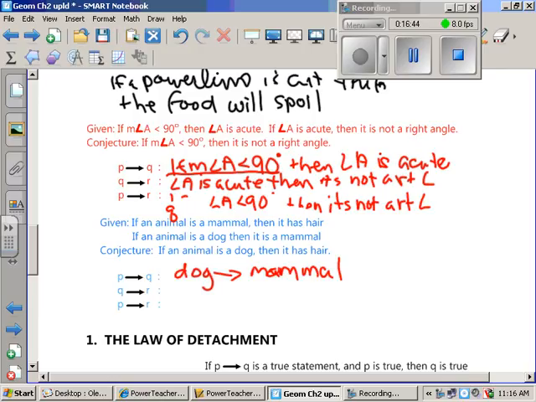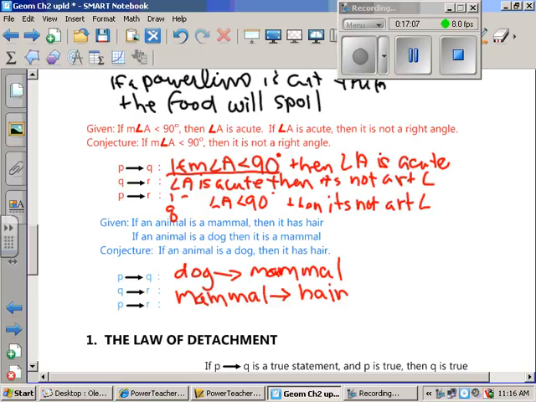Yeah, so what's Q? Good, exactly. If it's a mammal, then it has hair. So what can we conclude then? Sarah?